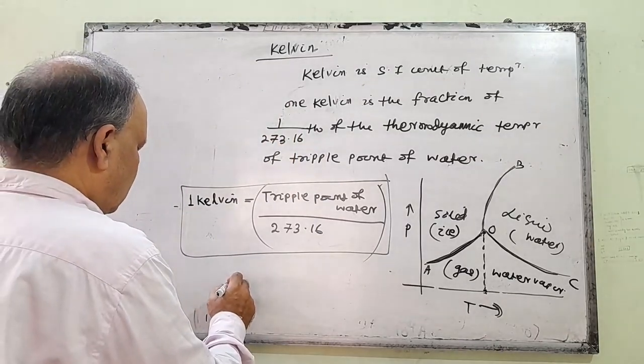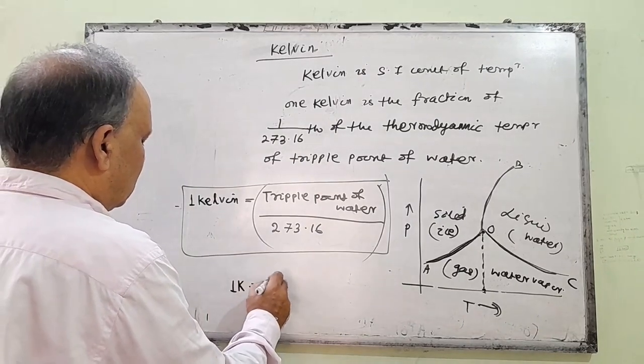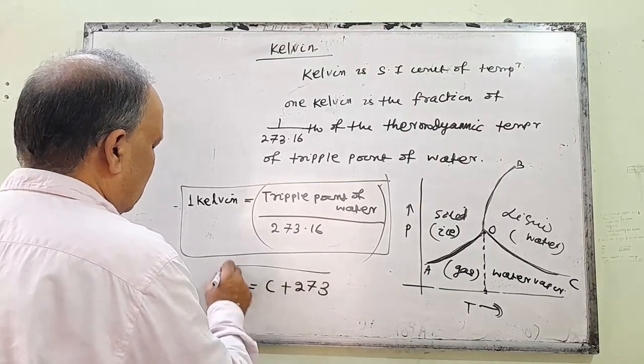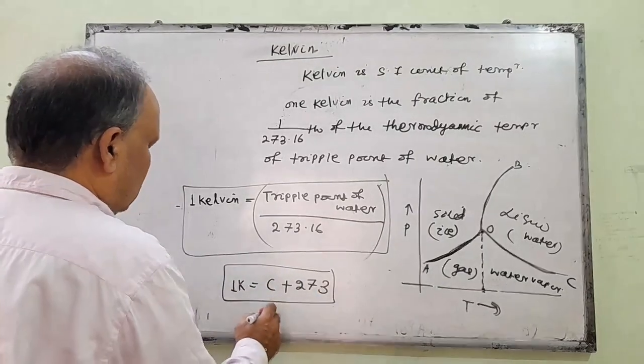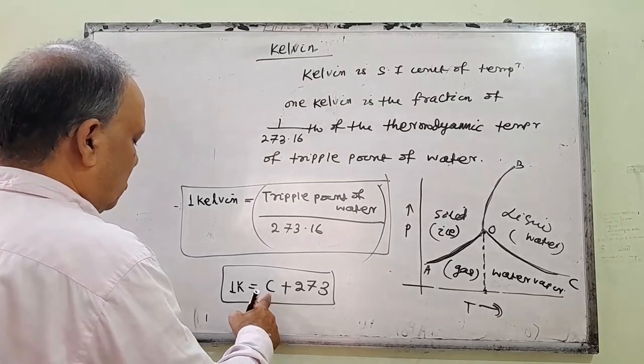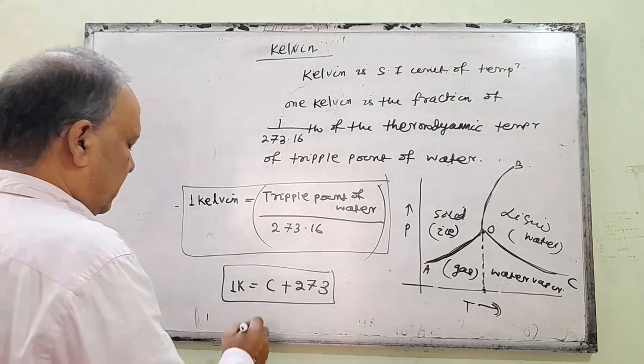You know what is 1 Kelvin? 1 Kelvin is equal to Celsius scale temperature plus 273. Suppose you say 0 degree Celsius is equal to what? 0 plus 273, that is equal to 273 Kelvin.